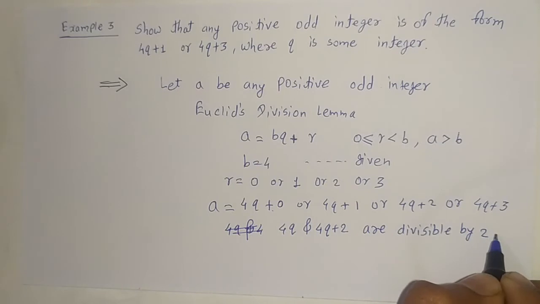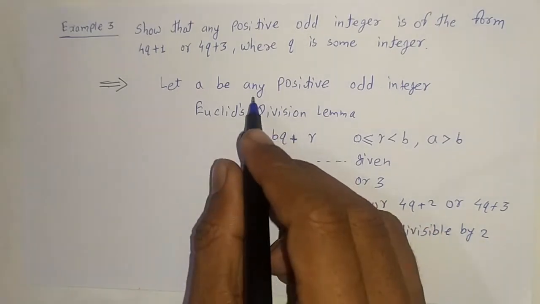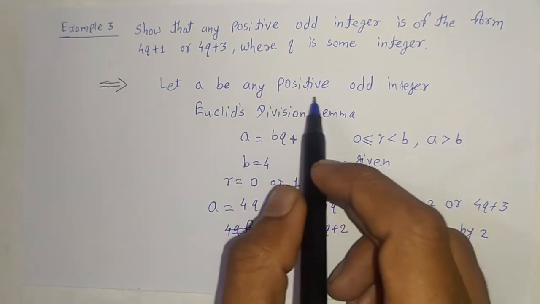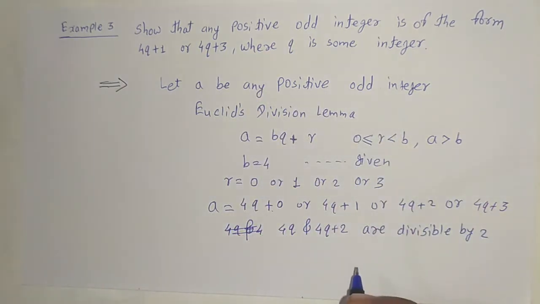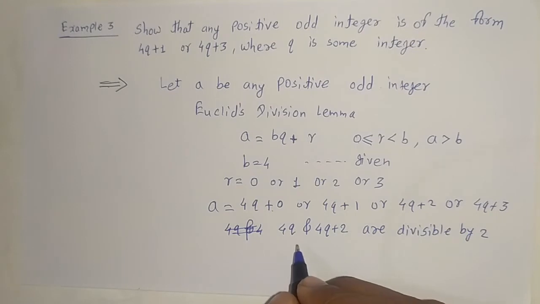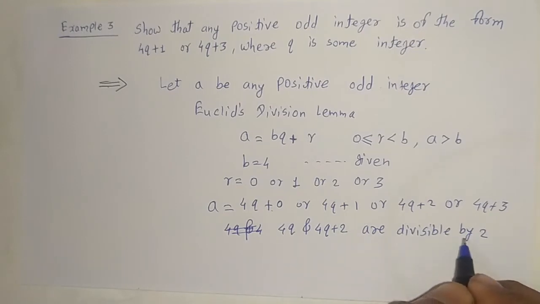So they cannot be odd integers because our assumption is a is any positive odd integer. So it has to be either 4q plus 1 or 4q plus 3. Let's just see this concept. 4q and 4q plus 2 are divisible by 2. How?